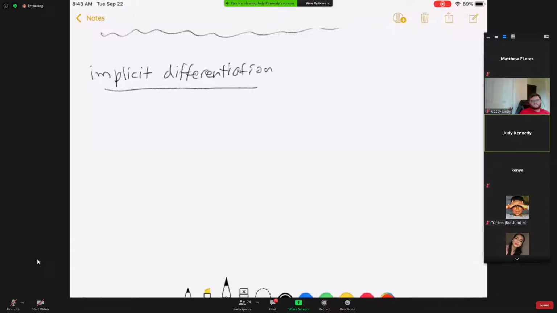Let me give you an example here: x squared plus y squared is equal to 1. And when I say that, I mean I want all the points x, y such that this statement is true.